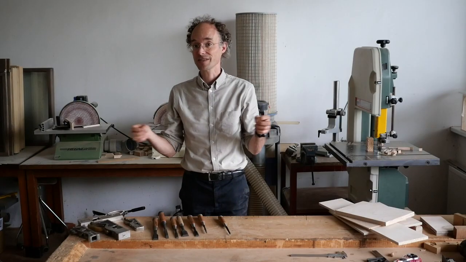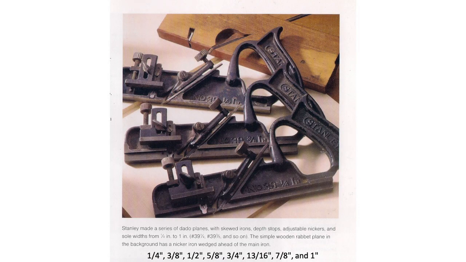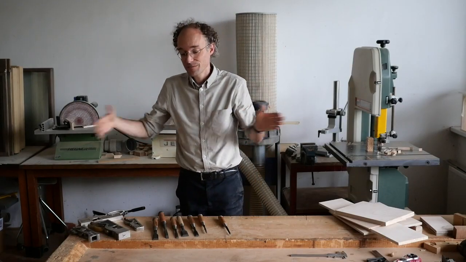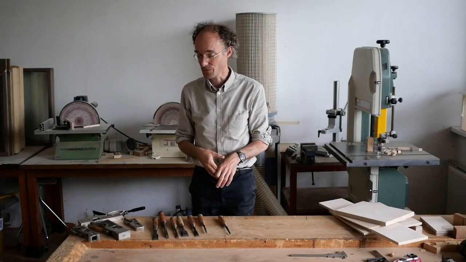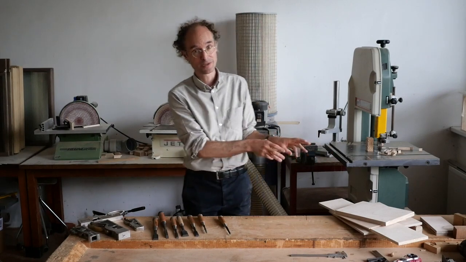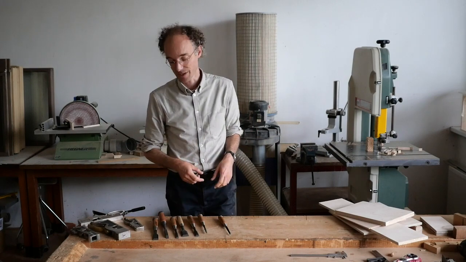So you see the standard set, and there are other tools too. Here is a set of rebate planes. For example, they also came in these sets of standard widths, and boards, not only plywood but also solid wood, also came in these kinds of thicknesses.